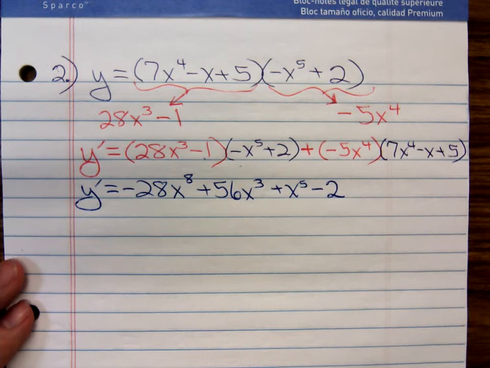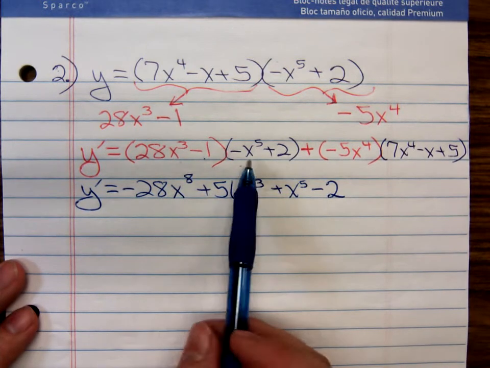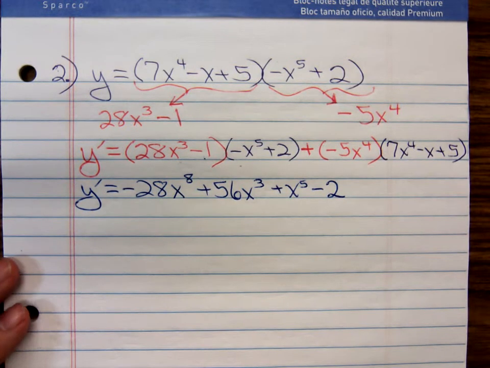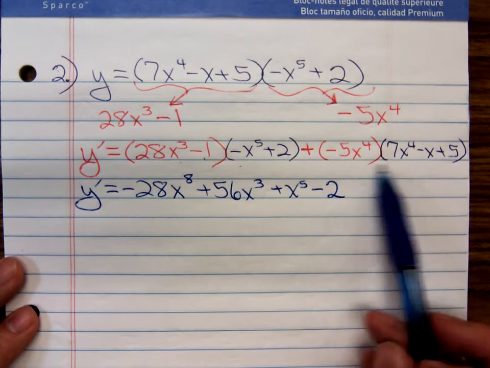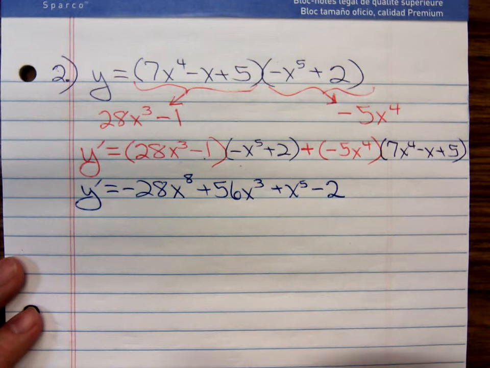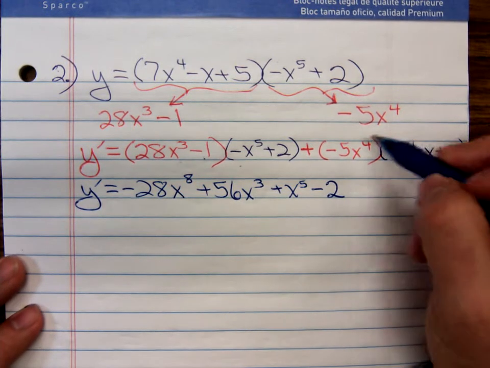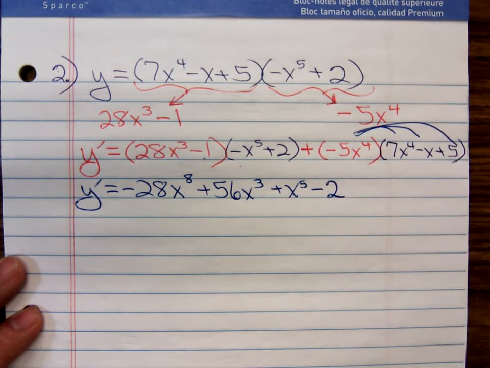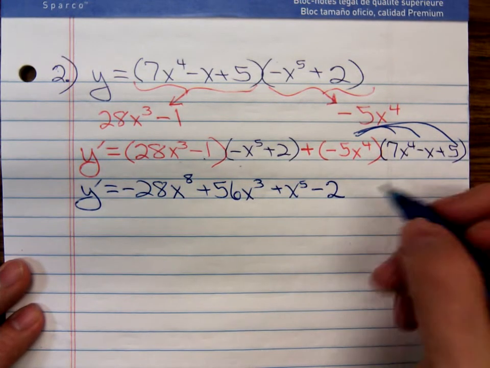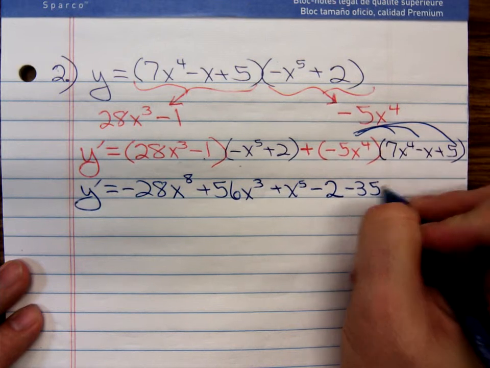So we FOILed out the first two sets of parentheses, binomial times a binomial. What are we going to have to do here? Distribute the negative 5x to the fourth, there, there, and there. So that's going to become a negative 35x to the 8th.